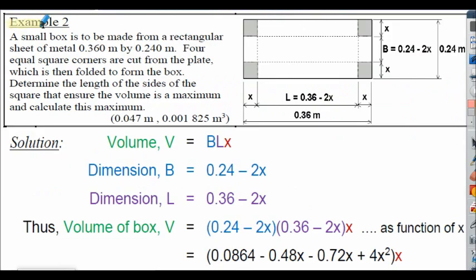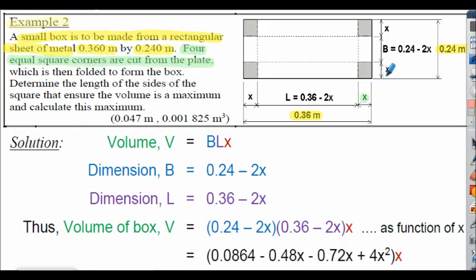Example 2 extracted from our workbook. A small metal box is to be made from a rectangular sheet of metal having dimensions 0.36 meters by 0.24 meters. Dimensions shown here on the sketch relate to the length and the breadth of the box. 4 equal square corners are cut from the plate.